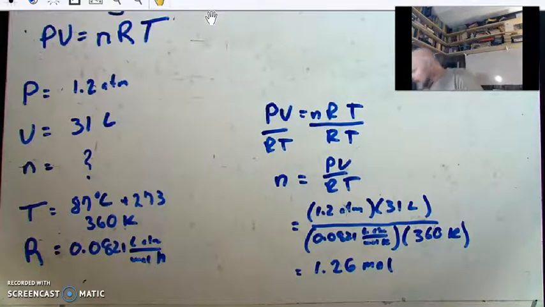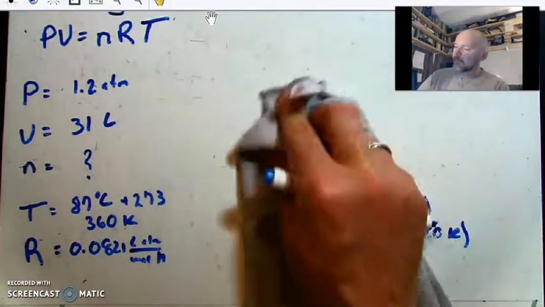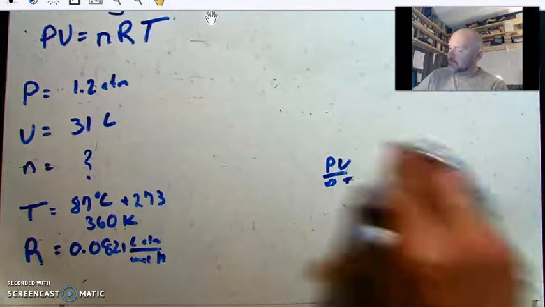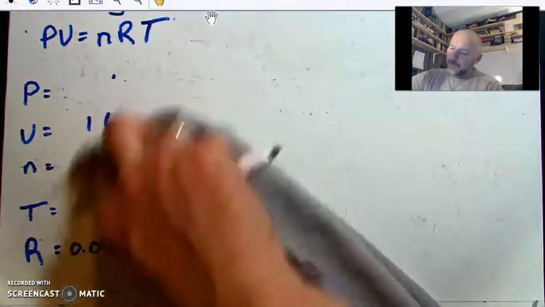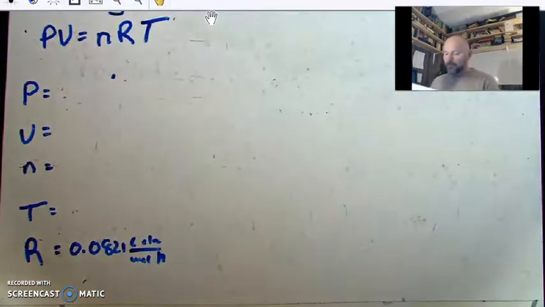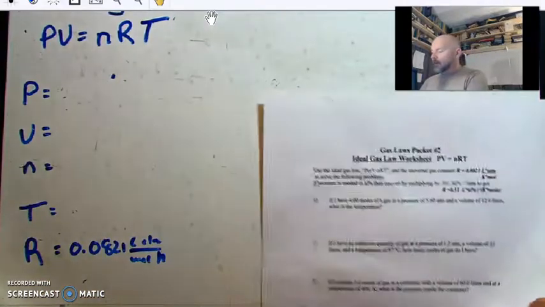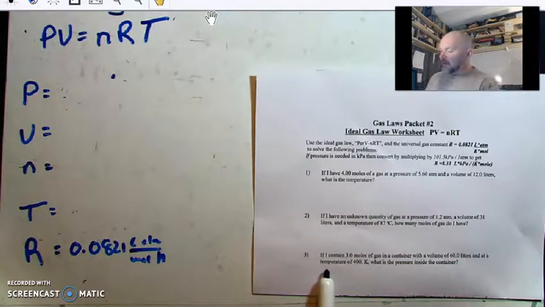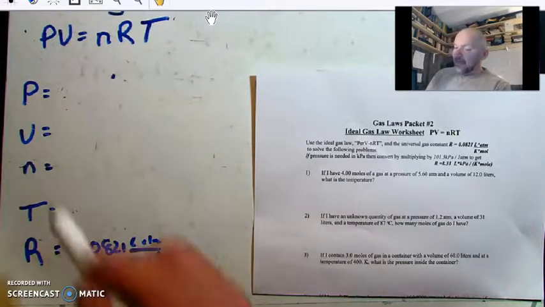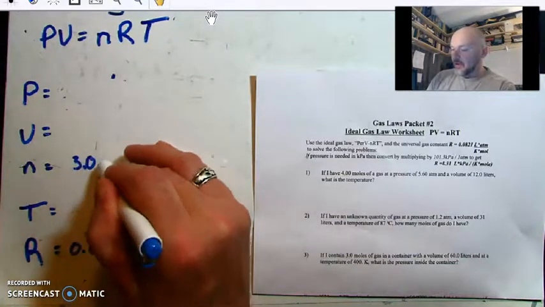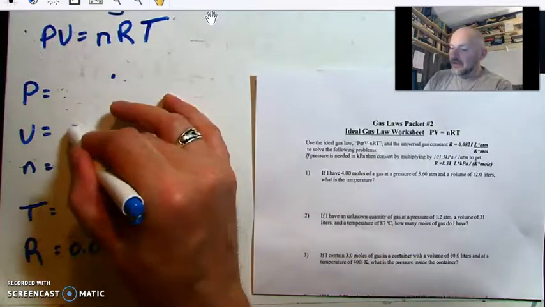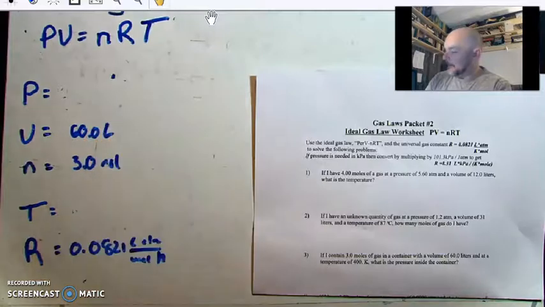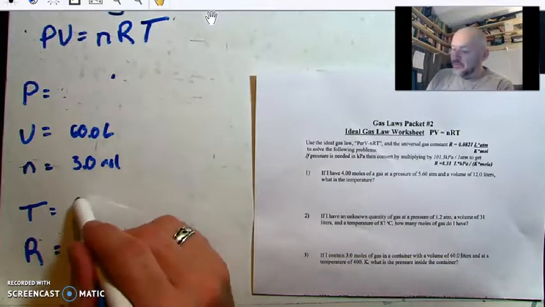Let's work through one more time. Problem number 3 contains 3 moles with a volume of 60 liters and a temperature of 400 Kelvin.